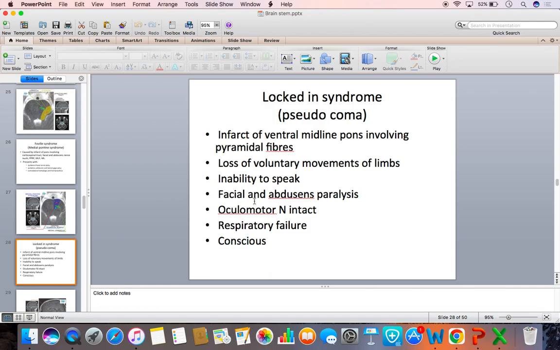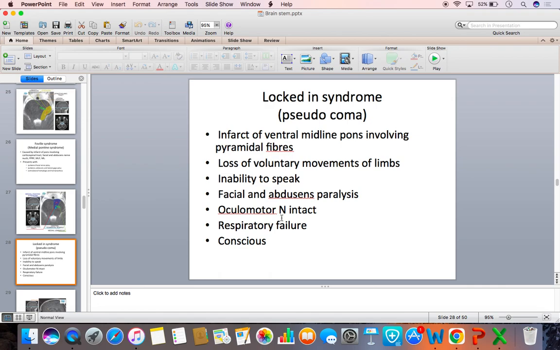But the oculomotor nerve is not at this level of the brainstem. Though it is ventrally located, it is at the upper border of the pons or lower border of the midbrain. So the oculomotor nerve is not affected.